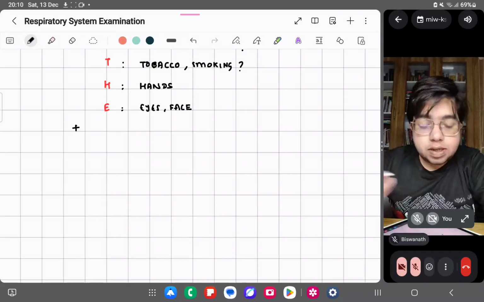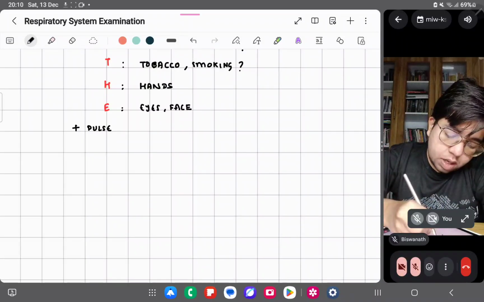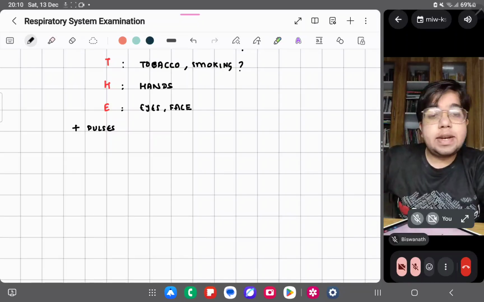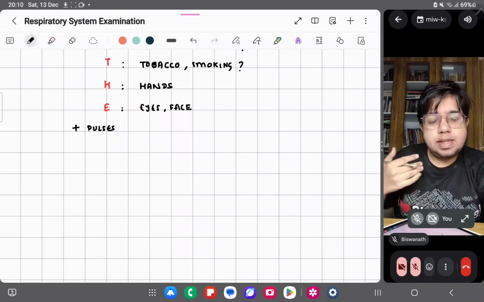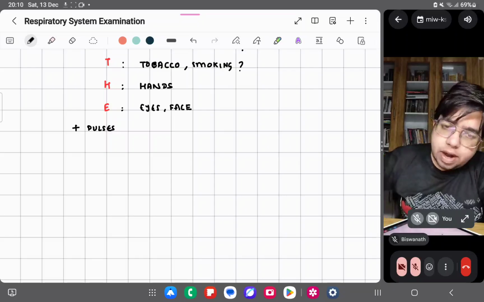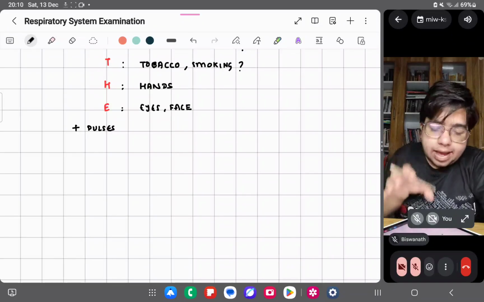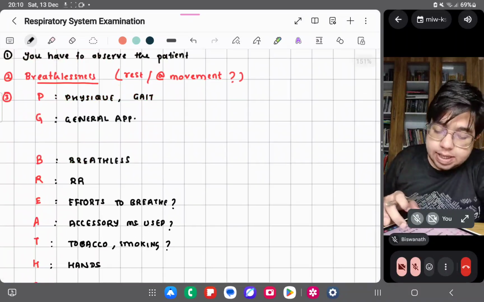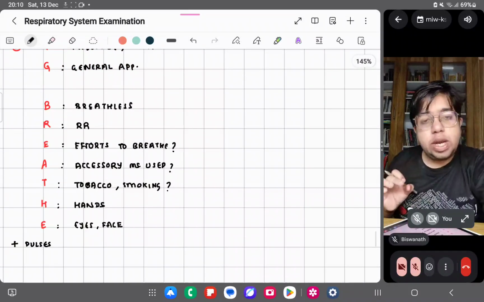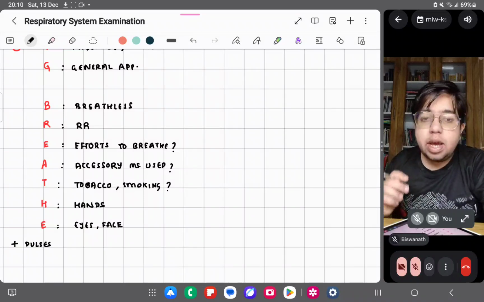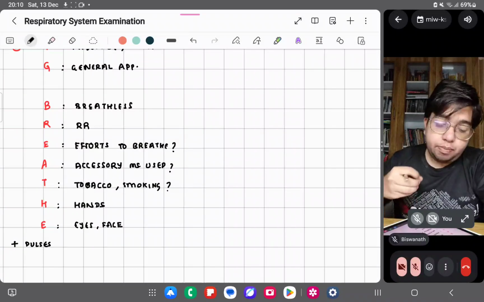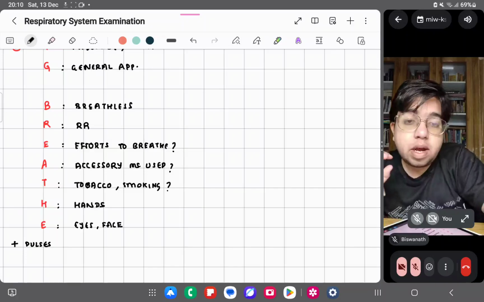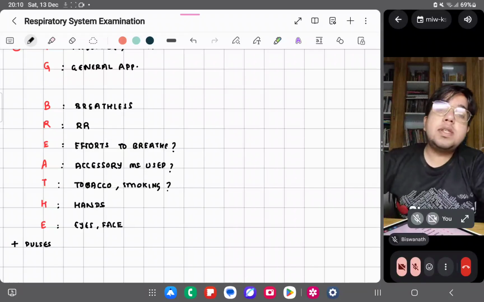You have to see the pulses, the vitals, right? This is systemic examination. Of course we have done the general examination, but I am telling you from the perspective of a respiratory system examination. So these things you do in your general examination only, but these are the things which will give us a direction towards the respiratory system.